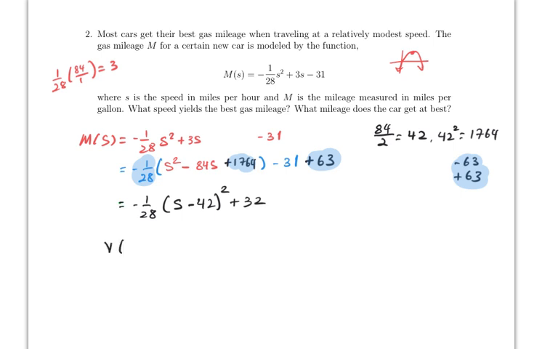The vertex is (42, 32), which means that if you drive at 42 miles per hour, you will get the maximum mileage, and the mileage is going to be 32 miles per gallon.